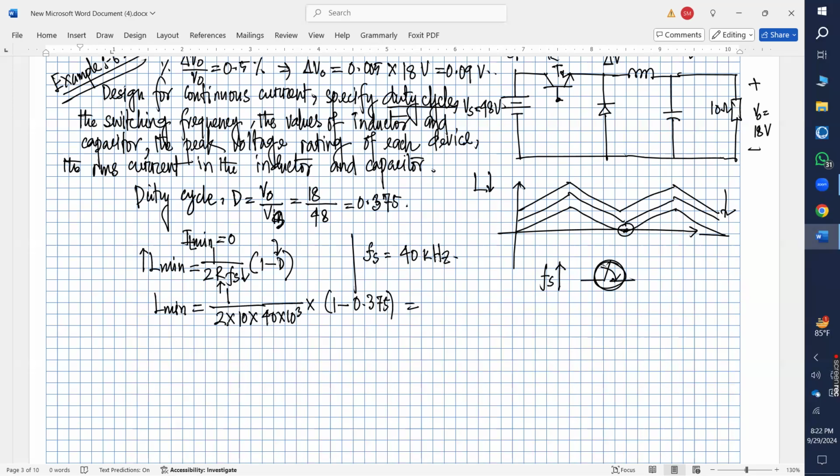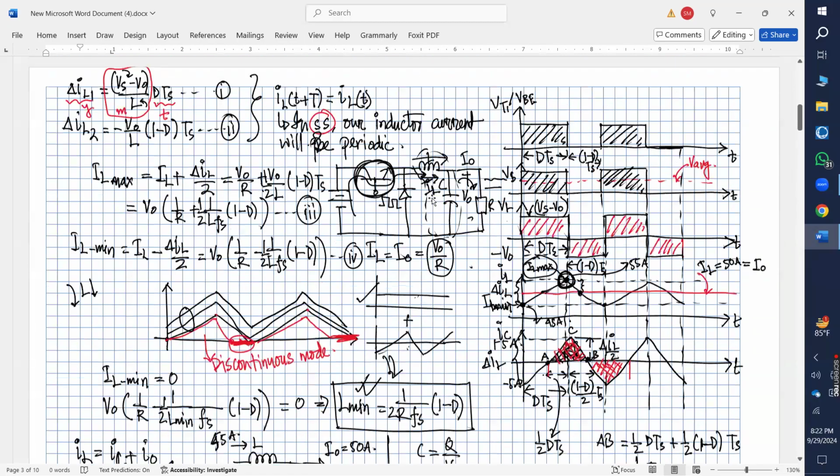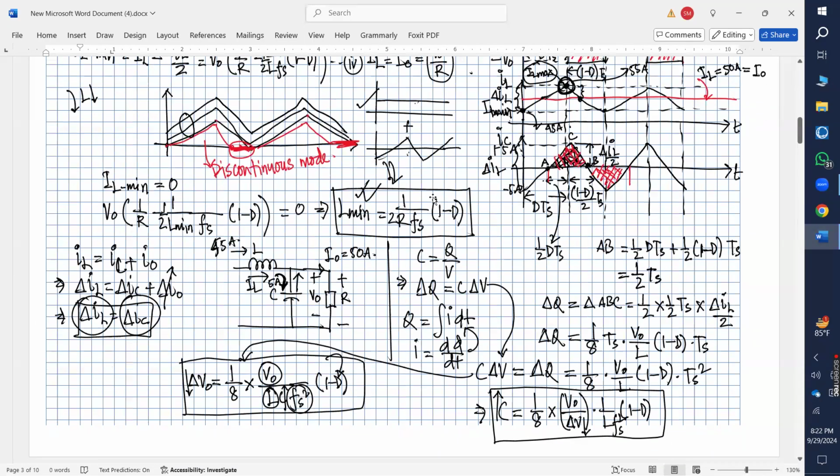Sir, I think there was a slight mistake in the derivation of the L min equation. What was that? Sir, the resistance value should be in the numerator. All right, yeah. So in that class, this is minus. So if we put it there, this R will get to the top, right? So it should be here. Yes, sir. Okay, sorry, I made that mistake.